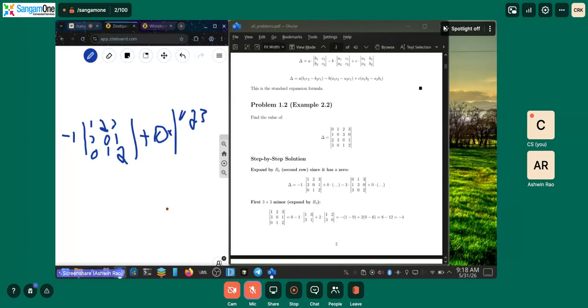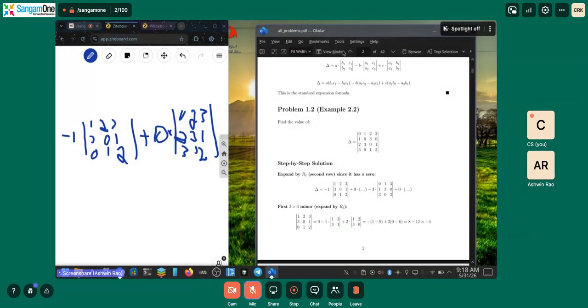Then goes 2, 3, 1. Then it goes to 3, 1, 2. This is the expansion.